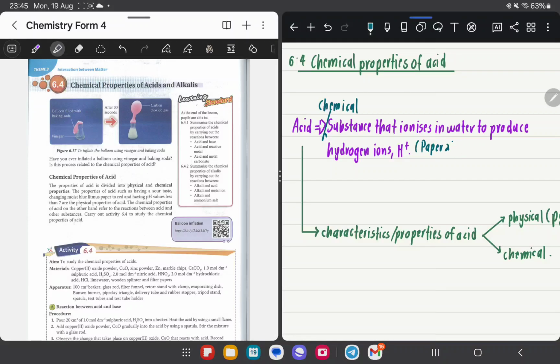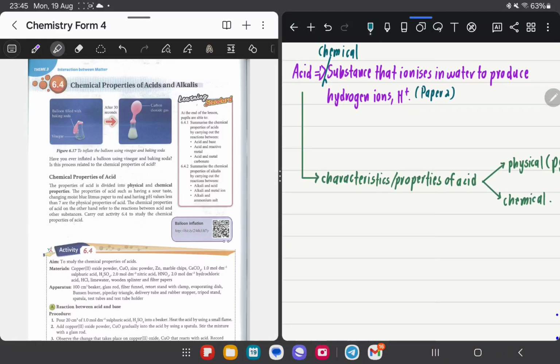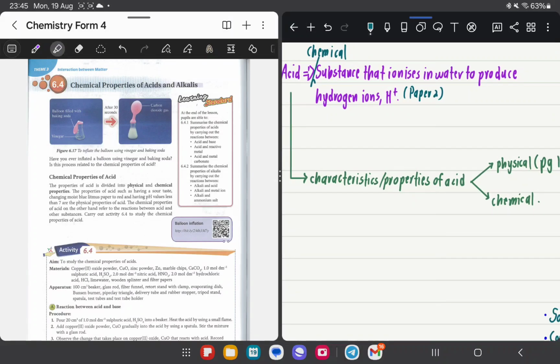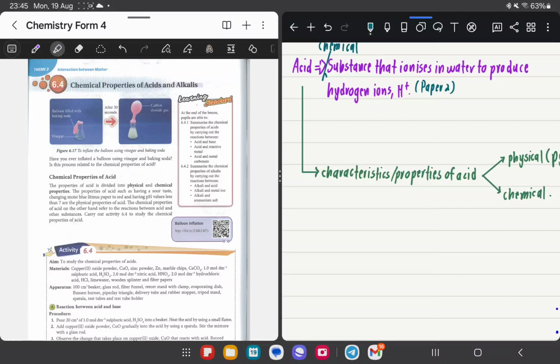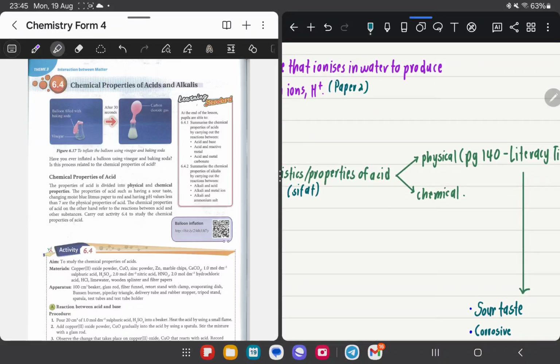Next, acid has two types or two characteristics, or we can call them properties. Acid ni ada dua sifat. What are the properties, or sifat? I write sifat here so it's easy for you to understand. Acid has physical properties and also chemical properties.